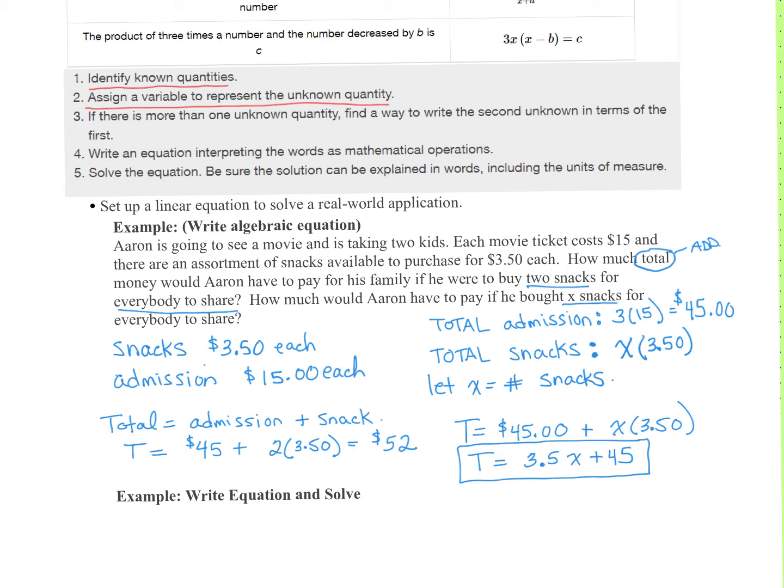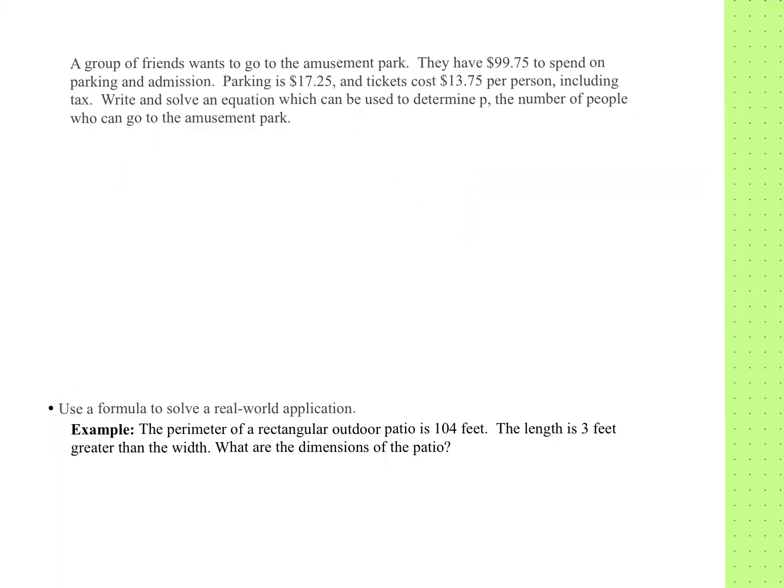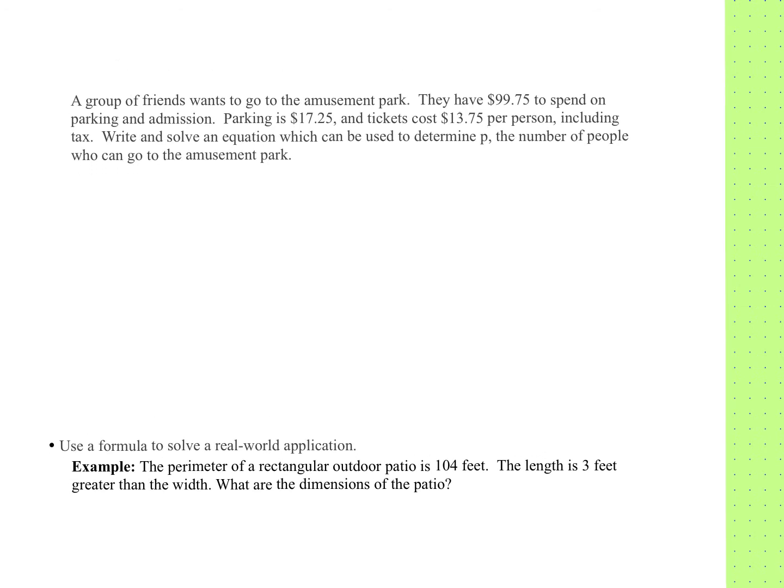So here's another example. A group of friends wants to go to an amusement park. They have $99.75 to spend on parking and admission. Parking is $17.25, and tickets are $13.75 per person, including tax.